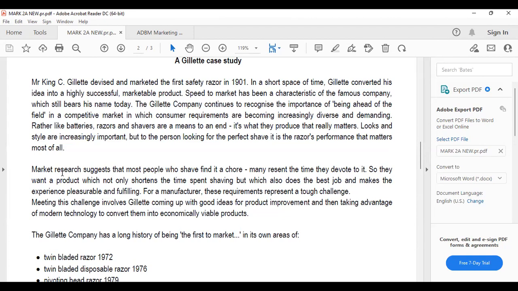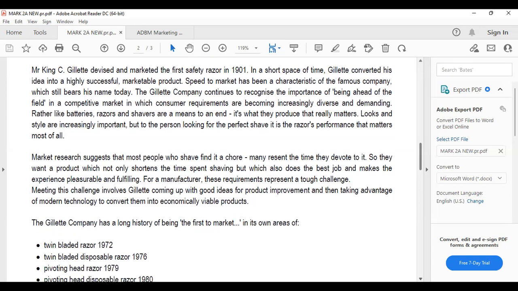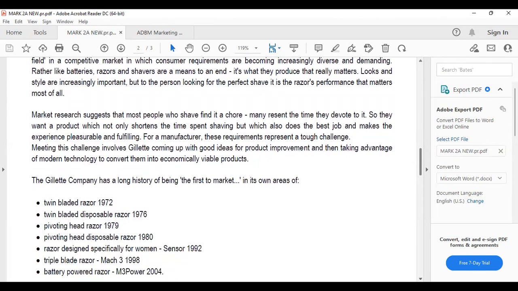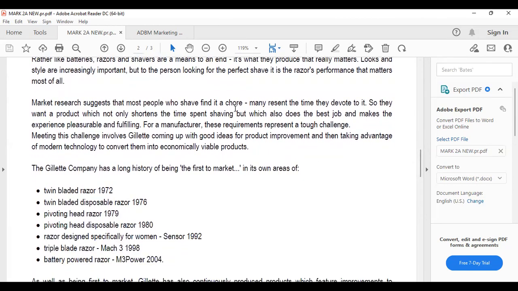Here competitors will come with their own products, or they can imitate the same product that Gillette is using. So according to this case study, let me read something here. You can see people are complaining that the time they devote to shaving is very long.